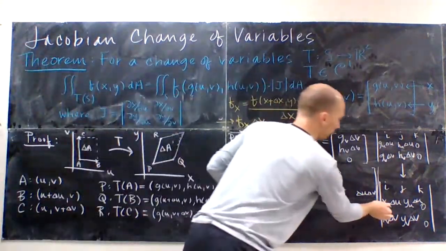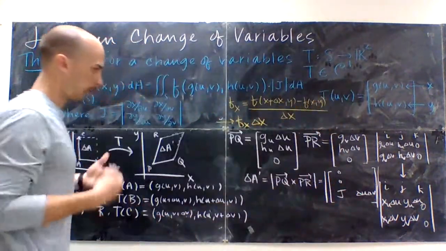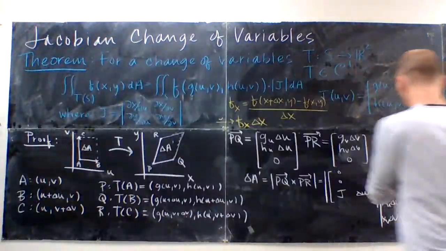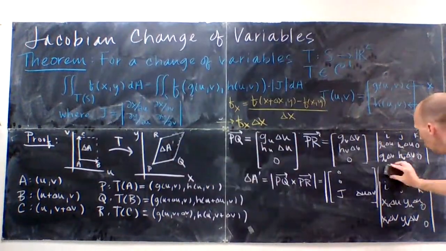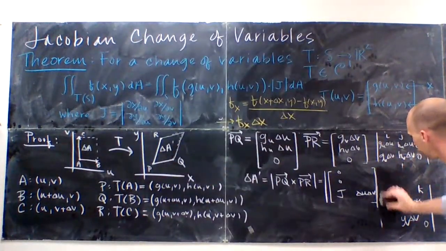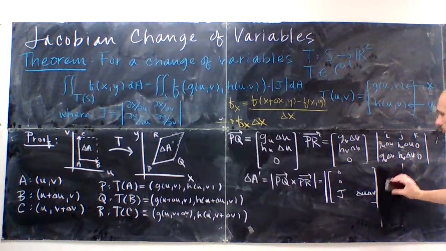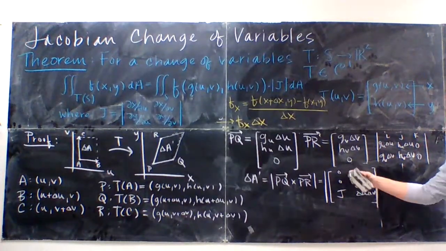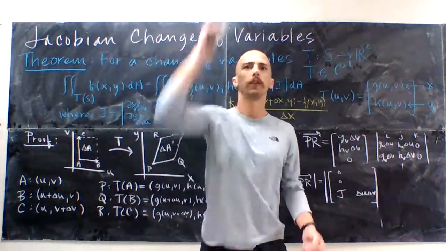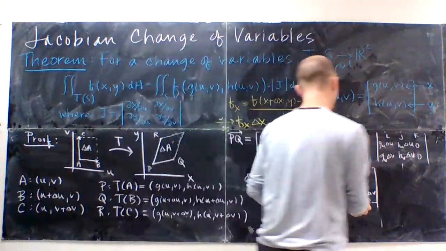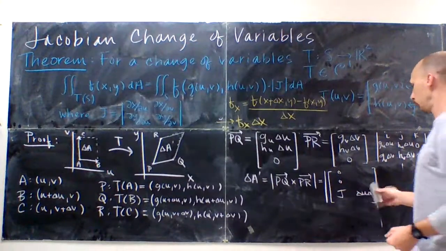And so, the length of this vector here, I'm going to clear out the stuff I don't need so much anymore. And this length is just going to be, well, if I have a vector that's 0, 0, 10, that has length 10. Okay, so this is going to just be J delta u delta v.